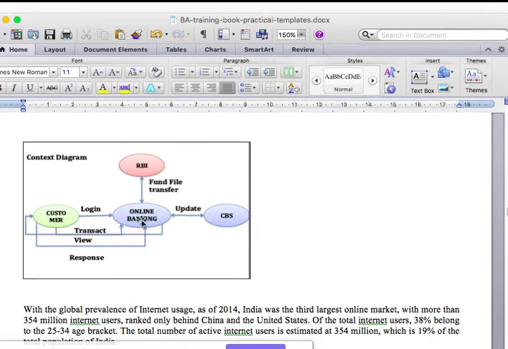For example, you may transfer an amount, so that has to be updated in the core banking solution. Online banking solution also communicates with the federal bank, that is RBI, the regulatory authority for banks. So here we may have to interact with the bank for various reasons. So this has been captured.